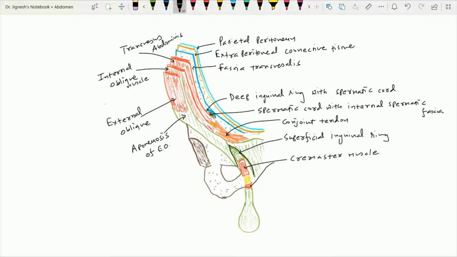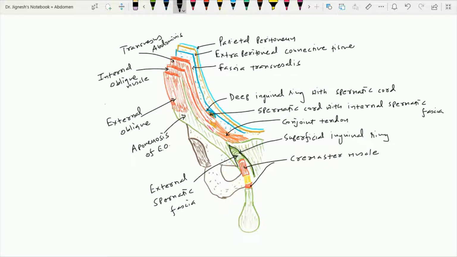Other than these two coverings, when the spermatic cord passes through the superficial inguinal ring, it also carries an additional covering, the most external covering, and that's why it is called the external spermatic fascia. This external spermatic fascia is going to reach up to the scrotum along with the testes.